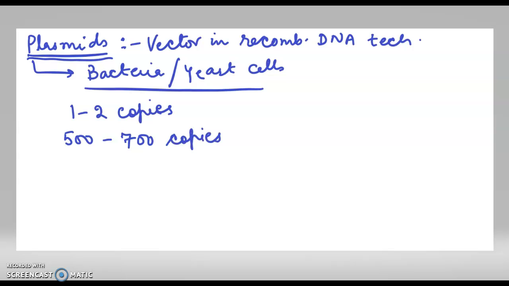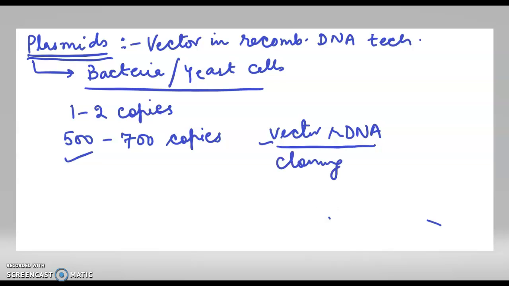As we need plasmids as a vector for our DNA, we mostly use those strains of plasmid which can produce multiple copies because we need these vectors for cloning experiments.